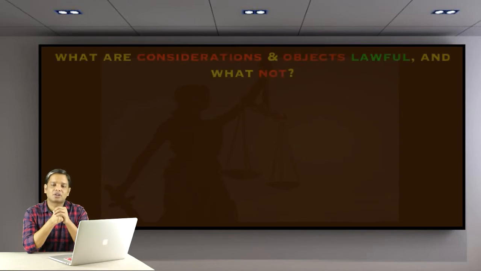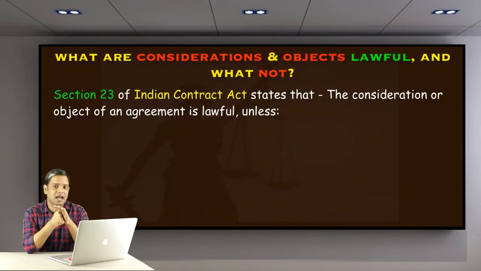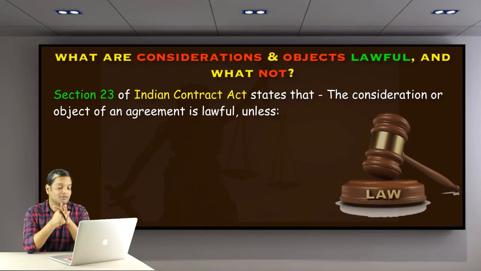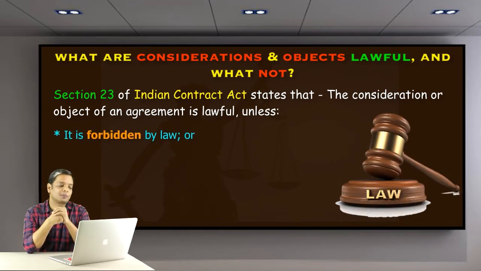As per Section 23 of the Indian Contract Act, the consideration or object of an agreement is lawful unless it is forbidden by law. If law doesn't prohibit or restrain it, then it is lawful.